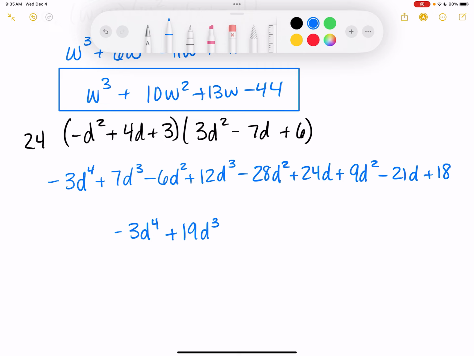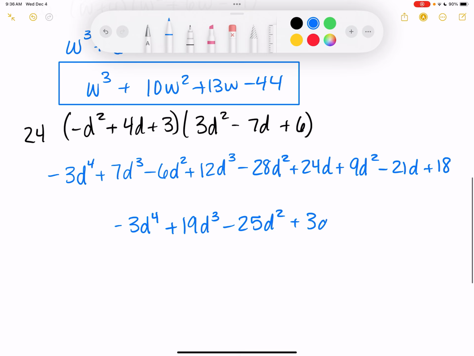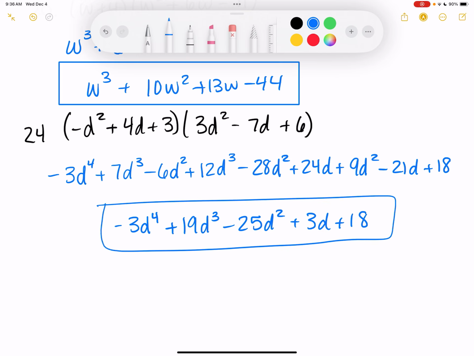Squared terms, I have 3 of them, so I've got negative 6, I'm going to do it this way, negative 6 and 9 is 3, and then negative 28 plus 3 would be negative 25, so negative 25d squared. Then I have 2 d terms, so 24d minus 21d would be 3d, and then plus 18 for the constant term. And that would be your answer. This is a lot.